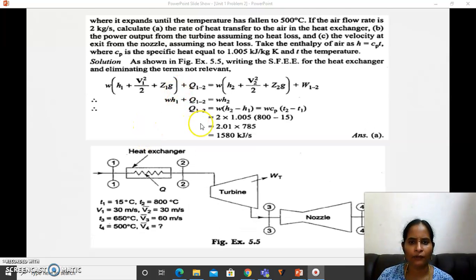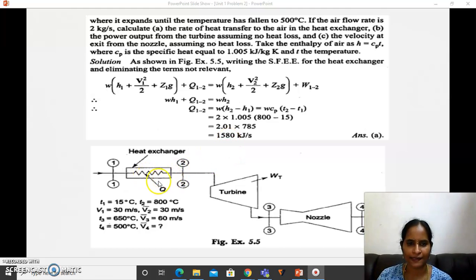After writing the SFE, eliminate the terms which are not related to the equipment. If you write it for the heat exchanger, only the enthalpy, heat supplied and outlet enthalpy remain, so you can find the heat supplied in the heat exchanger.